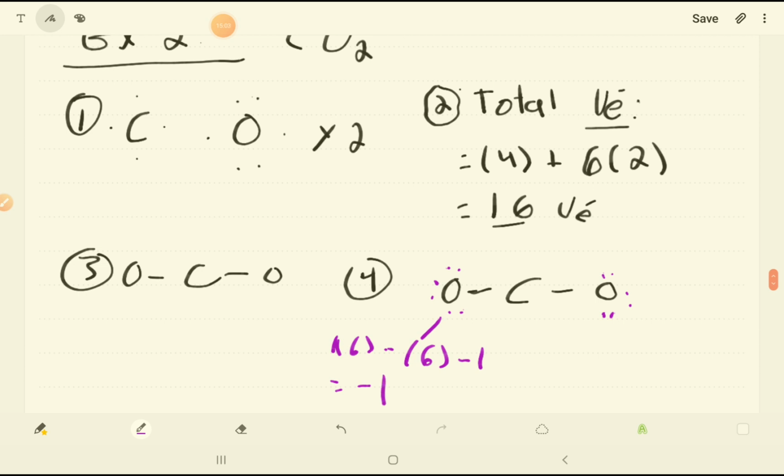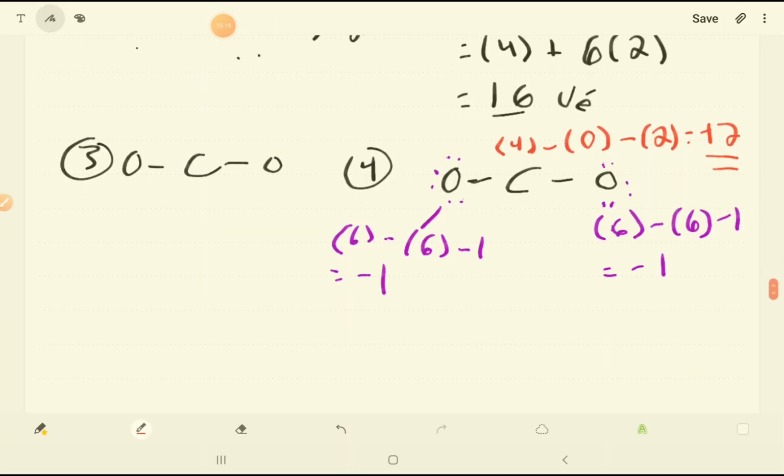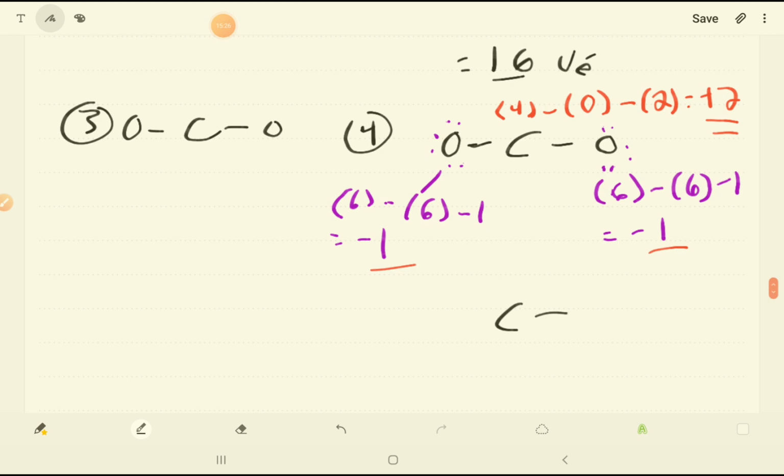And the same would be for the other oxygen. And then finally for the carbon, this would be 4 minus 0 dots minus 2 bonds, which is a charge of +2. And so to make everything 0, these two are going to give a lone pair, which means they're going to form a bond. And finally, your structure will look like this. And this is step 5.